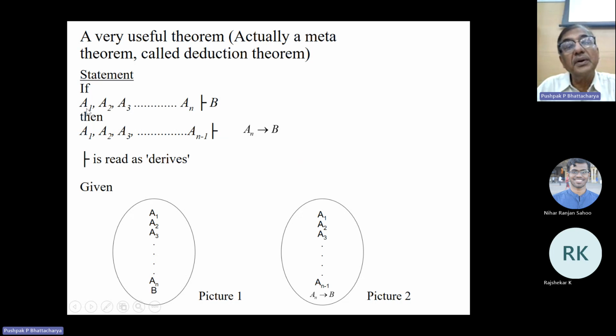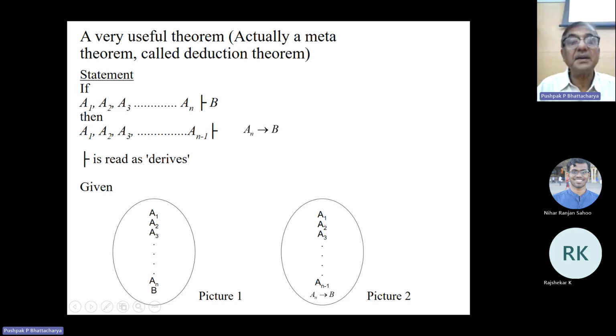It says that if you have been able to prove that A1, A2, A3 up to AN derives B, then you can assert that A1, A2, A3 up to AN minus 1 derives AN implies B. This is a very convenient theorem, which we have stated without proof. We'll see if there is time to derive this proof.